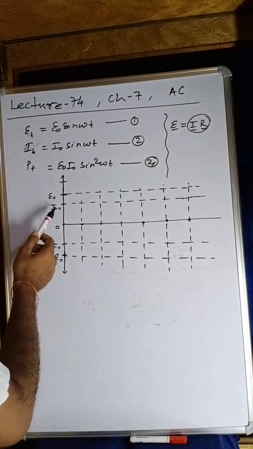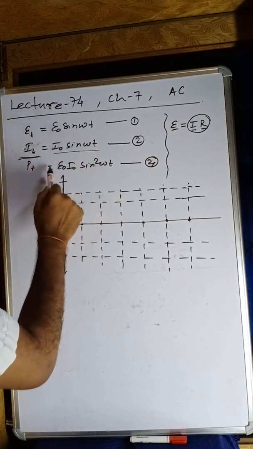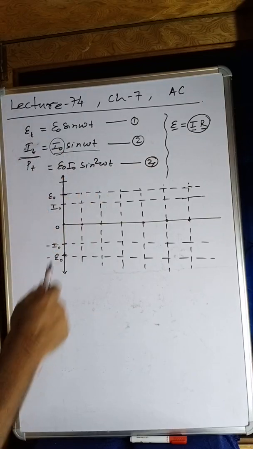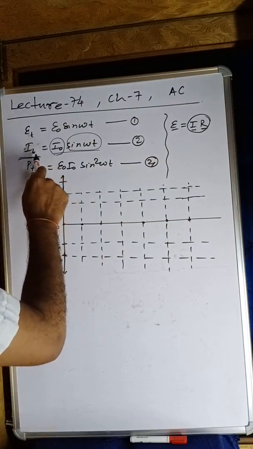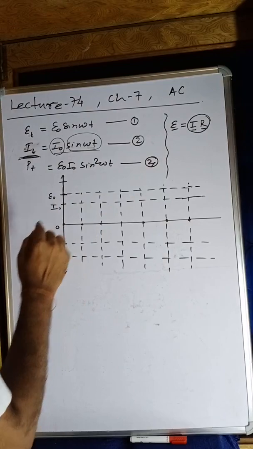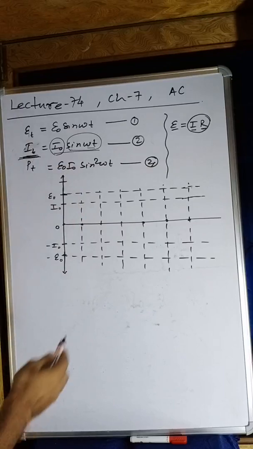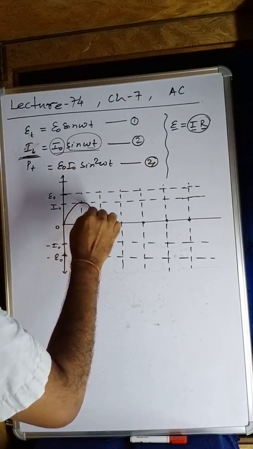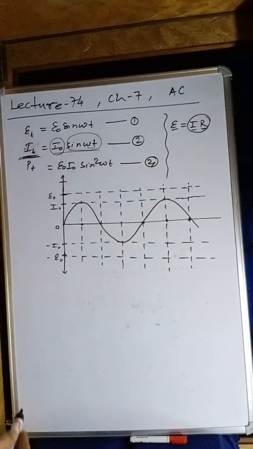Now the graph of I, so it is I naught sin omega t. The peak value is I naught and it will fluctuate with the sine. It means at 0, I(t) will be 0. So we have to start from here, and as we go to 90 degrees, it goes to the maximum, I naught. So this graph will go like this. I hope you understand. Now the graph for E(t).